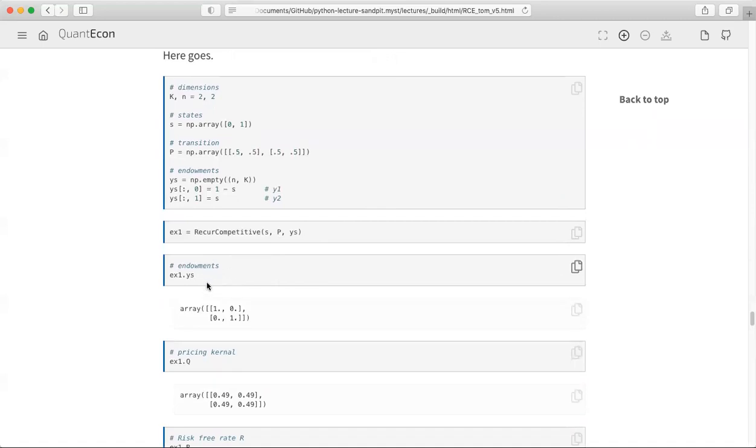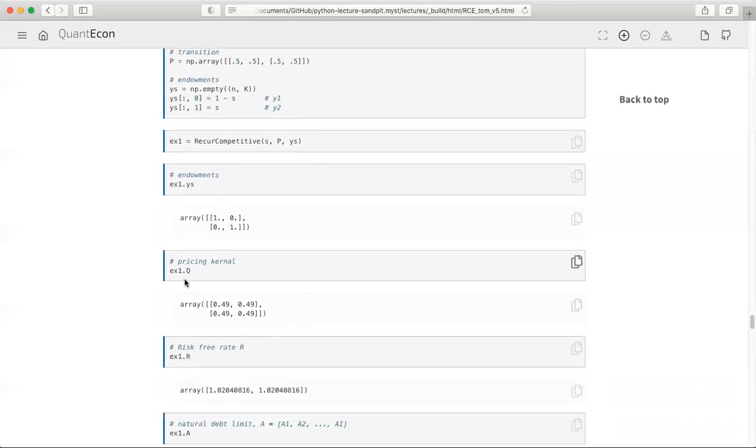To check, what are the endowments? In my case, I'm the first guy: when the state is 0, I get 1. When the state is 1, I get 0. So that's my endowment, and that's yours. The aggregate endowment is going to be 1. So let's compute the pricing kernel.